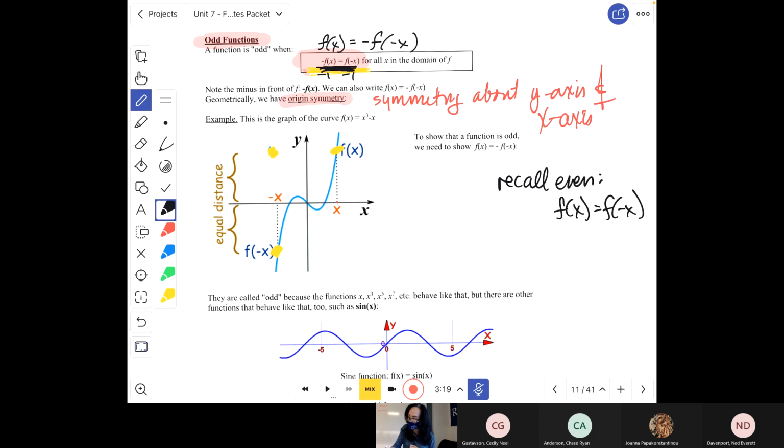If I divide each of these by -1, don't I get this? An equivalent equation? Yes or no? Yes. Okay, all I did was I started here, I divided each of them by -1, and I got this. The reason some people like to use that version to demonstrate something is odd is because I've already established this. So if I just negate this, I can prove that it's odd.